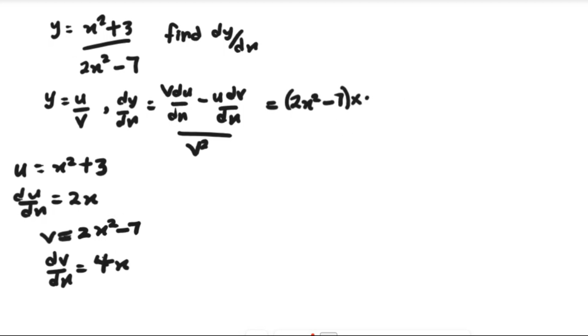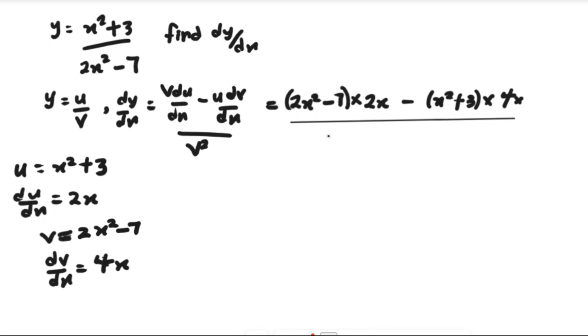So this is being multiplied by 2x, minus our u, which is x squared plus 3, multiplied by our dv/dx, which is 4x. So everything is being divided by v squared, where our v is 2x squared minus 7, so that will be (2x squared minus 7) raised to the power of 2.